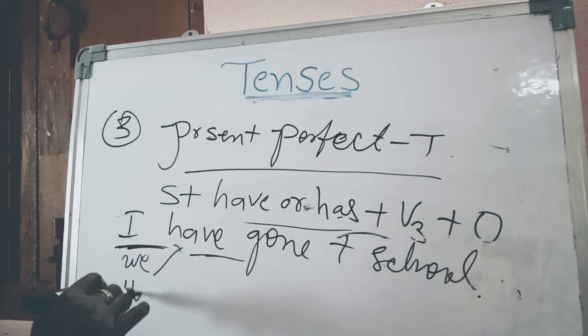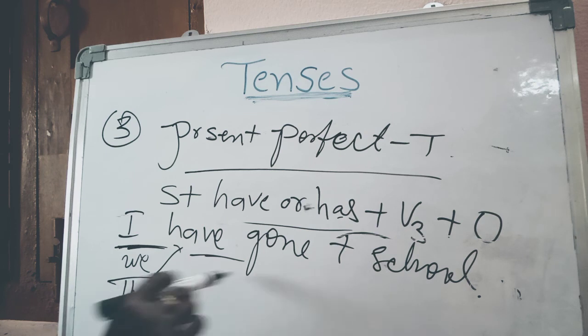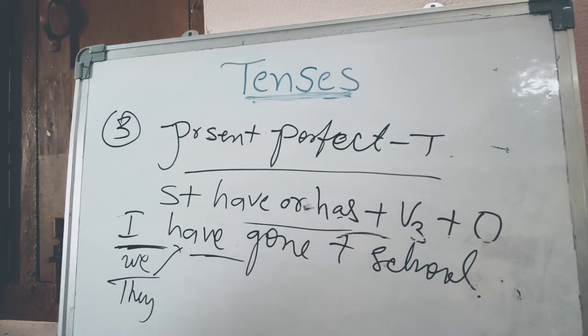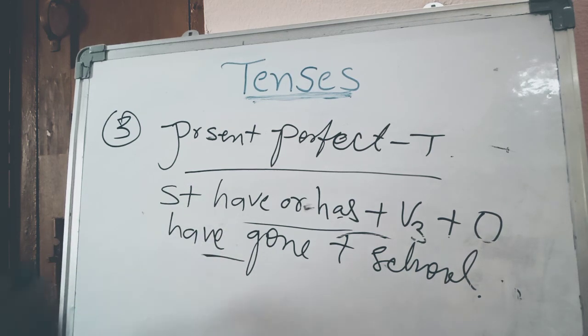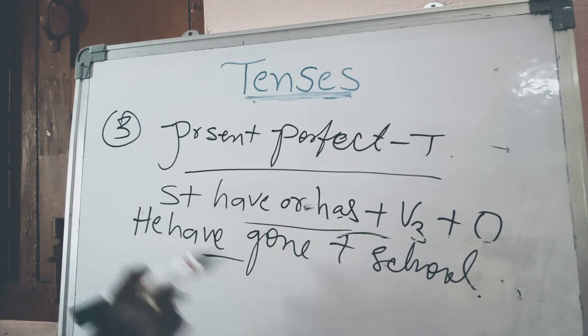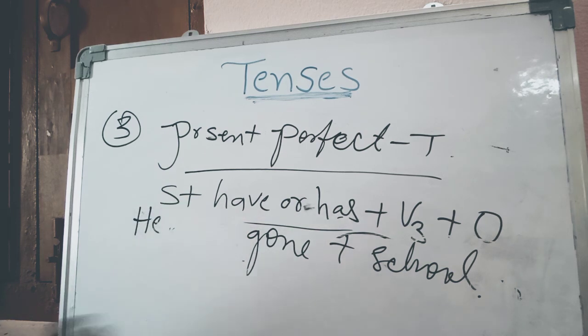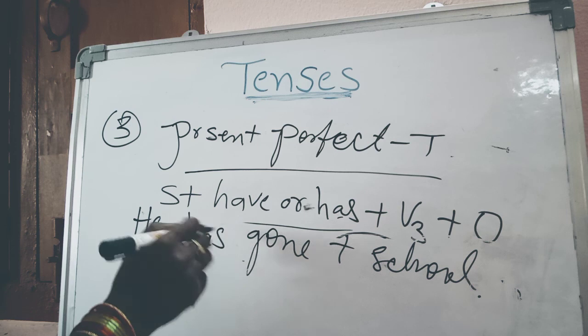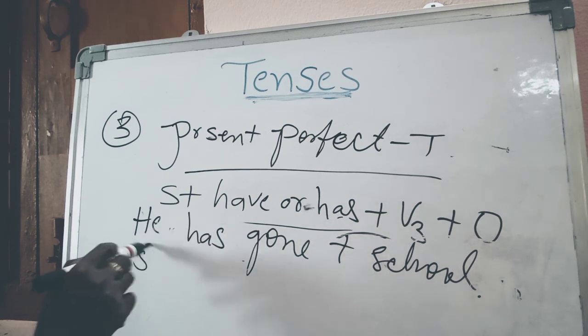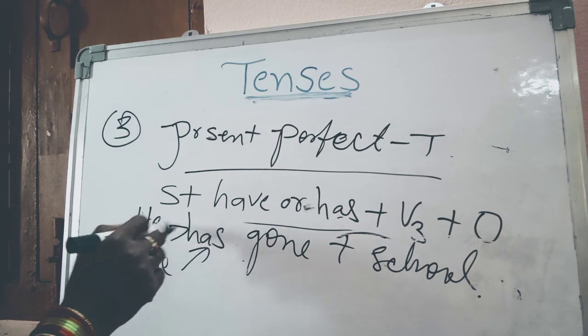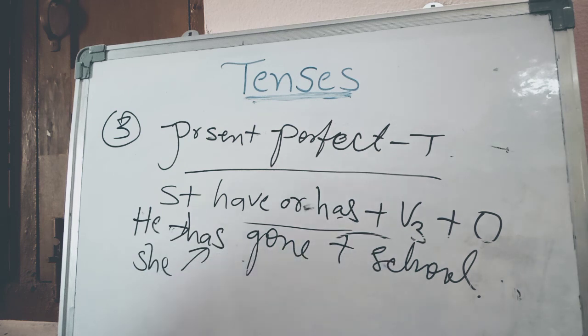I have gone to school. When we use he or she, we should use has. He has gone to school. She has gone to school. This is the present perfect tense.